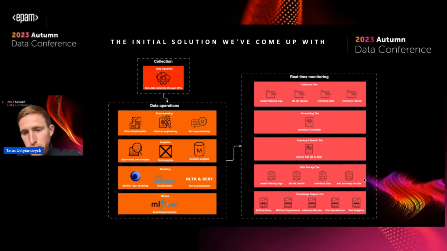In the knowledge objects tier, we have 5 dashboards, and each of these dashboards showed an end-to-end journey from model training to text analytics and inference results, and assisted us throughout all this path.